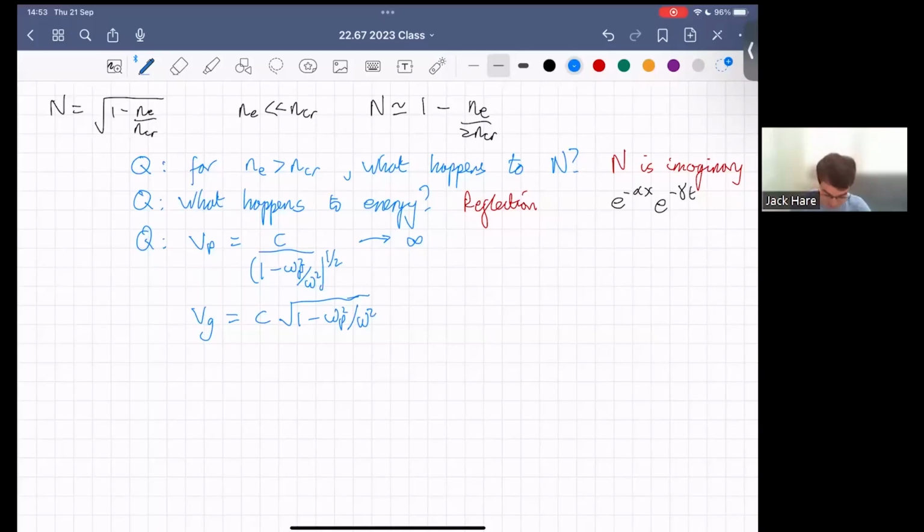As we get close to the critical density, the group velocity goes to zero, and effectively we transmit no information through that evanescent region. So we don't have to worry about the phase velocity being superluminal, because our group velocity is still subluminal, as we'd like.